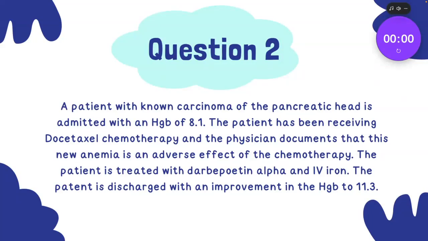There is no CDI to query for you. The patient has been receiving docetaxel chemotherapy, and the physician documents that this new anemia is an adverse effect of the chemotherapy. The patient is treated with darbepoetin alpha and iron, and discharged with an improvement of the hemoglobin to 11.3.